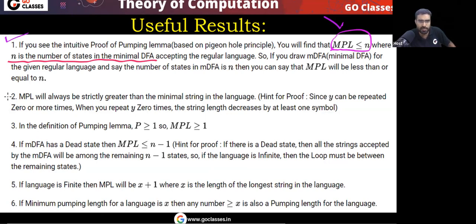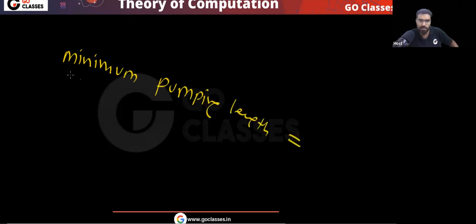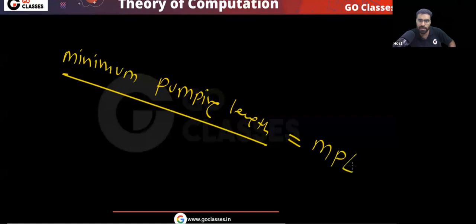What about the second statement? The second statement is saying minimum pumping length. From now onwards, I will call the minimum pumping length MPL, for convenience.